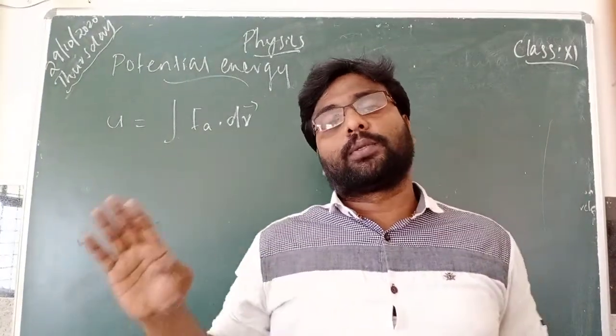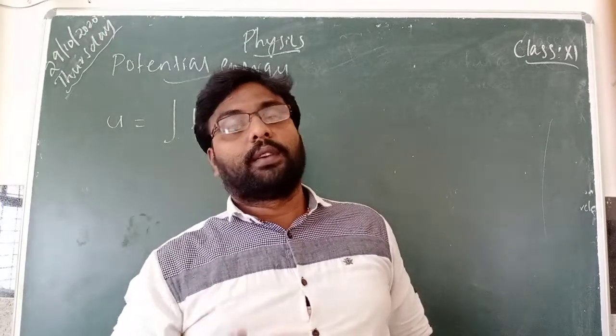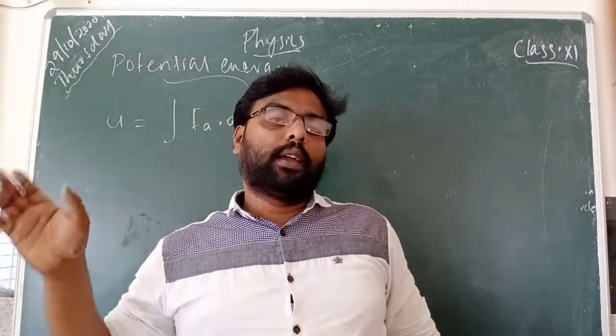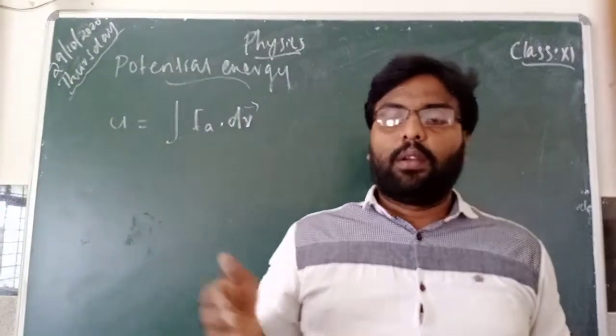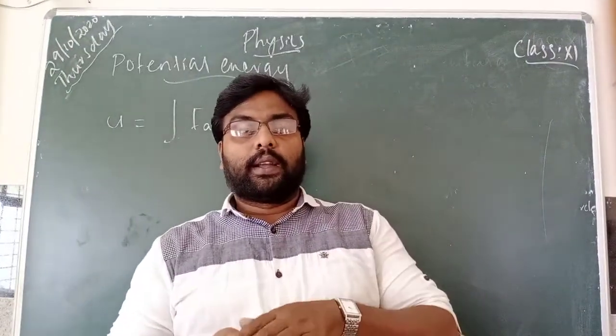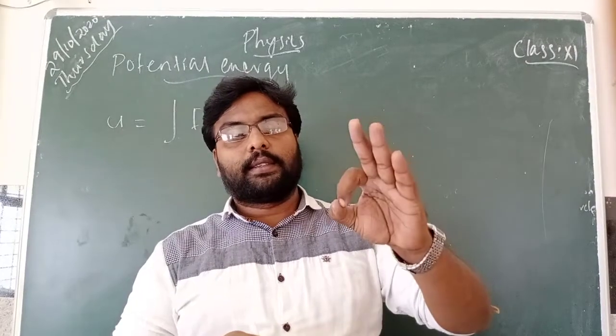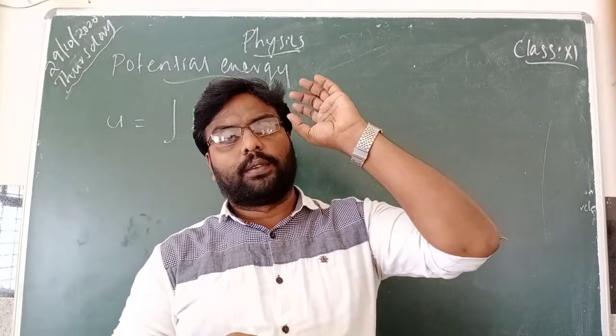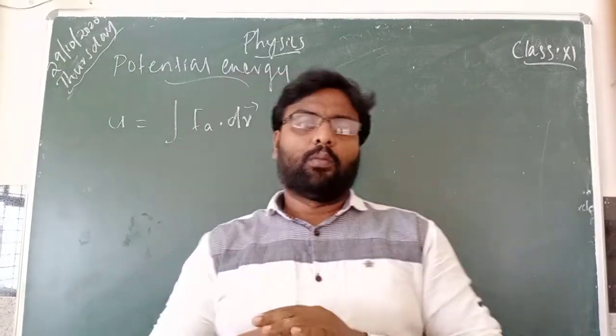These are the three types of potential energy given for you. Still many are there; you have learned them in your lower grades. Now go through these three types: gravitational potential energy, elastic potential energy, and electrostatic potential energy.